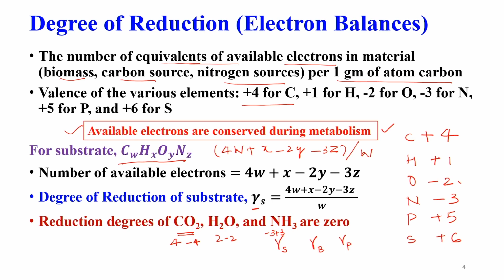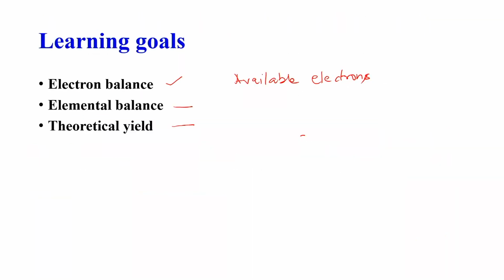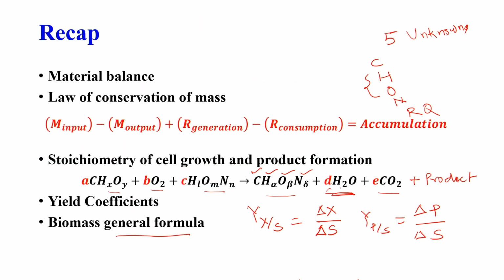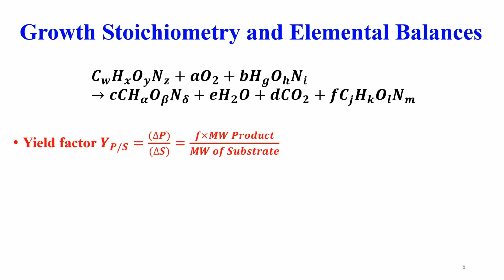Once this is 0, it means when we calculate the stoichiometric coefficients, these terms will not appear there. So, if I do this electron balance, CO2 is 0. Now, let us see how we proceed here.